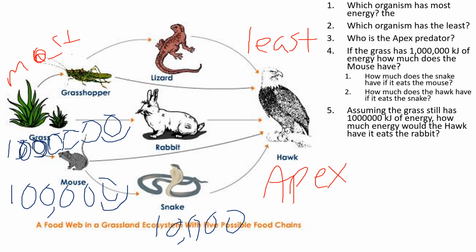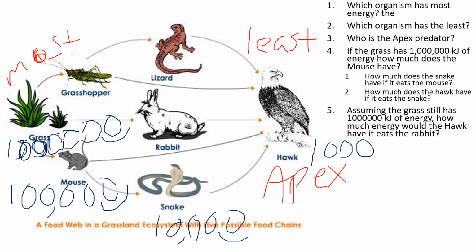And then it says, how much does the hawk have if it eats the snake? So the snake has 10,000. If it's going to the hawk, we're going to move that decimal point over to the left just one more time. And that means that the hawk is going to have 1,000 kilojoules of energy.